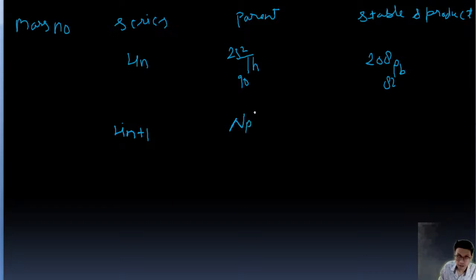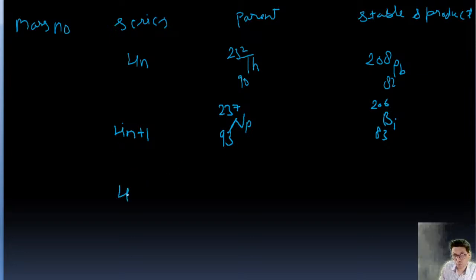This is neptunium 93, 237, and the product after decay is bismuth 83, 206. This is the 4n plus 1 series.